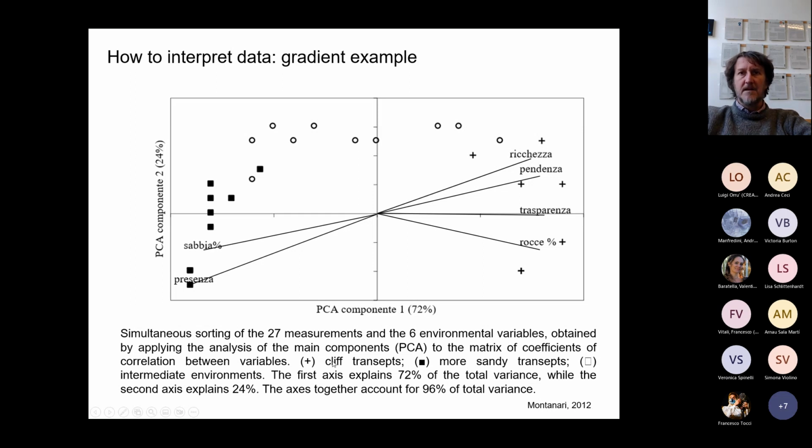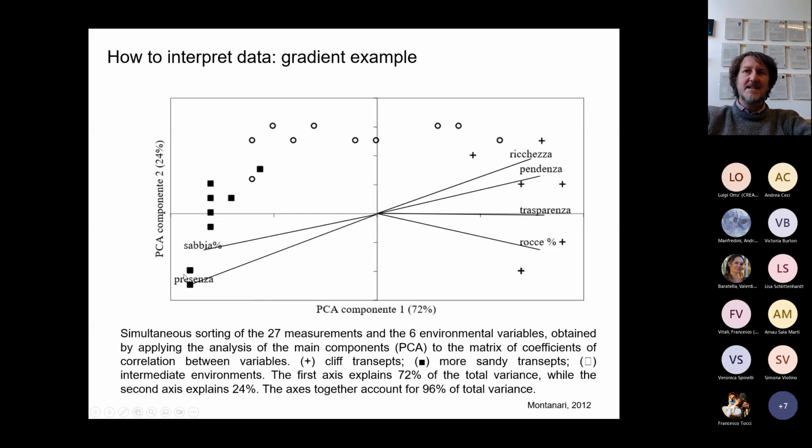So we have cliff transect, sandy transect, intermediate environment. The first axis explains 72% of the total variance, so this is much more important. The second one, 24%. So it's almost 100% using the first two axes.